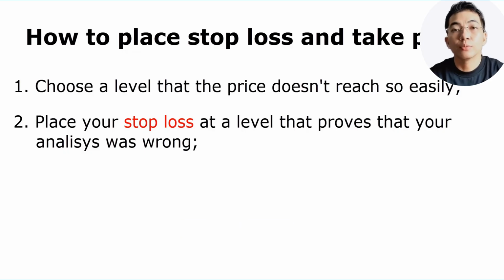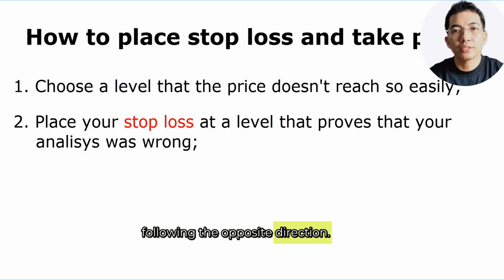Don't let a random movement or random news catch your stop loss. Place it in an area that nullifies your original setup, so you will know that if the price goes there, it is because you were wrong about the trend of the market and the price is following the opposite direction.